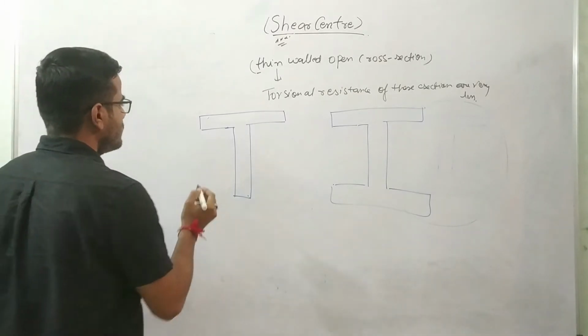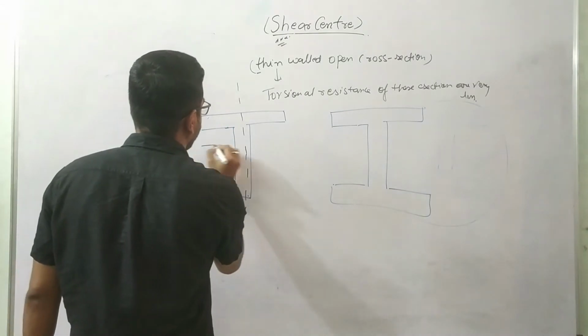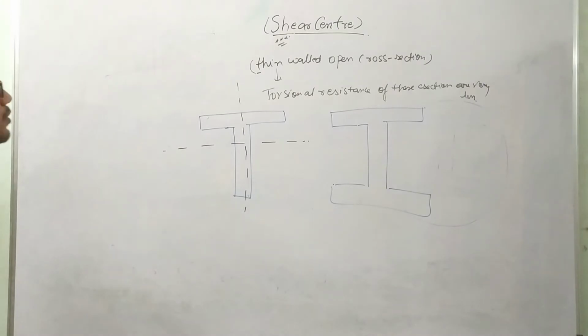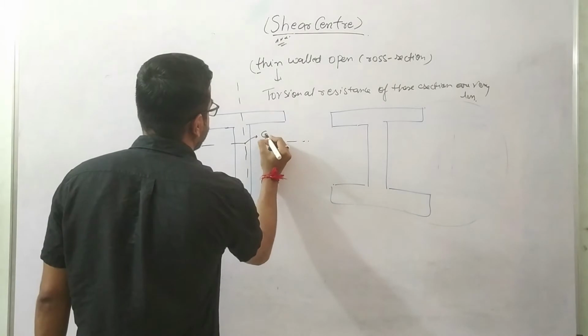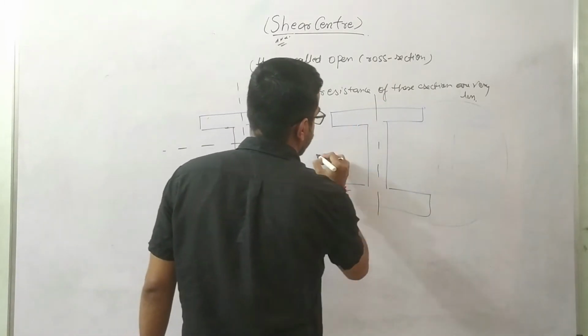Why? Because this is our axis of symmetry, or you can say the principal axis. This is our principal centroidal axis, and these axes are passing through the centroid. Let us suppose this is the centroid. Similarly for the I-beam case.